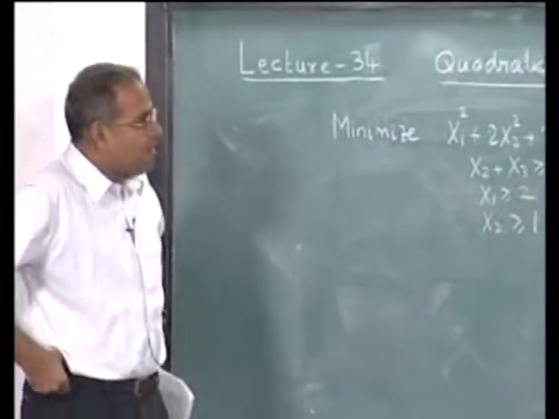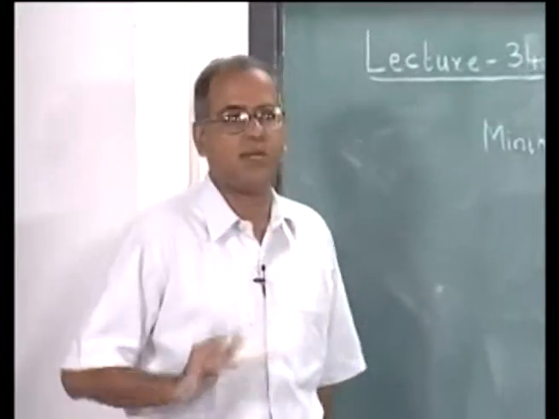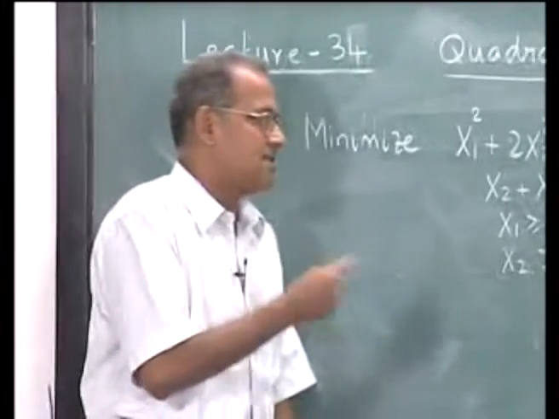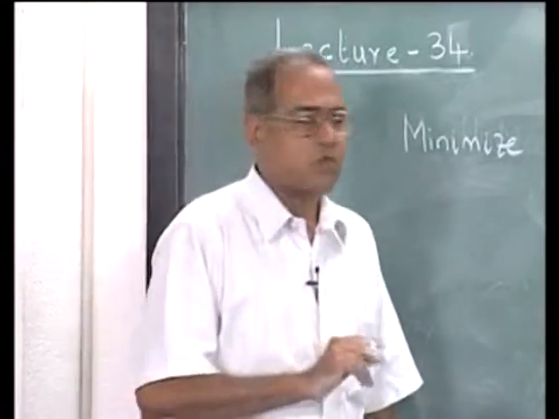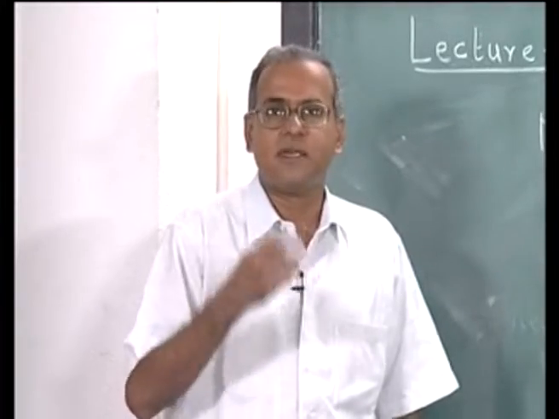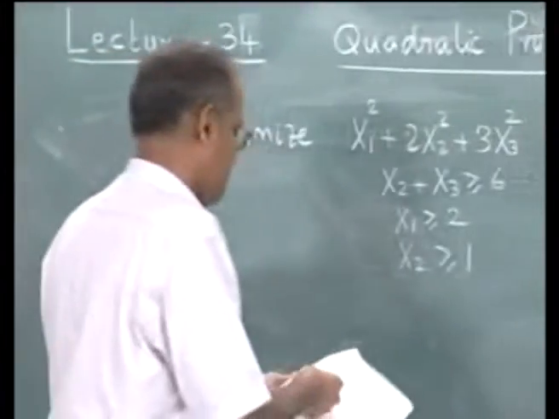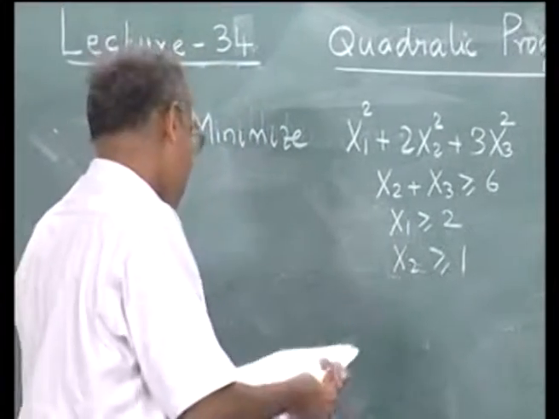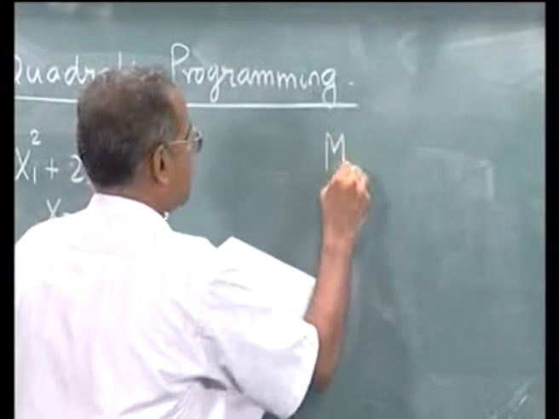When we have this, we can't directly use the Lagrangian multipliers, because the Lagrangian multiplier method is meant for equations. So, whenever we have inequalities, the first thing that we have to do is to convert these inequalities into equations. So, let us write a general expression, like in a general maximization problem.